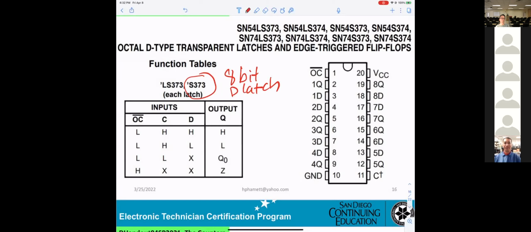So you see on the function table, OC, pin number 1, output control, active low. What does that mean? Can you tell me how much you understand on that pin?